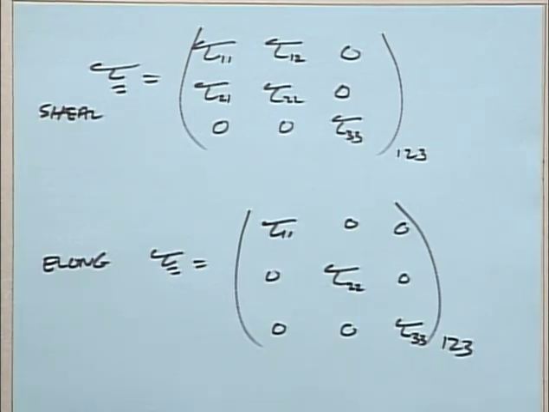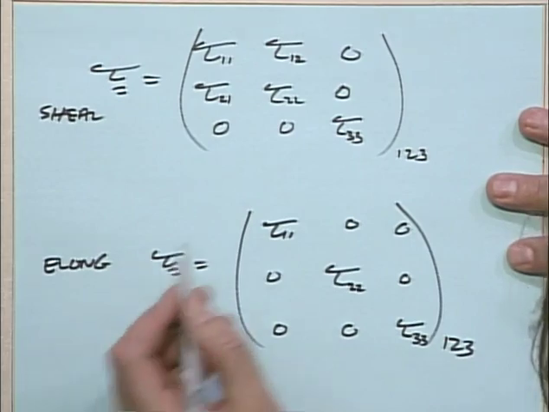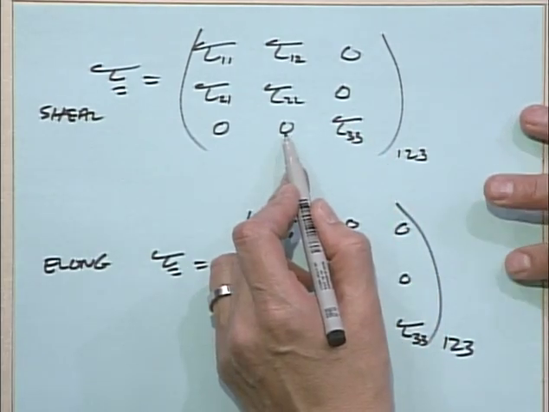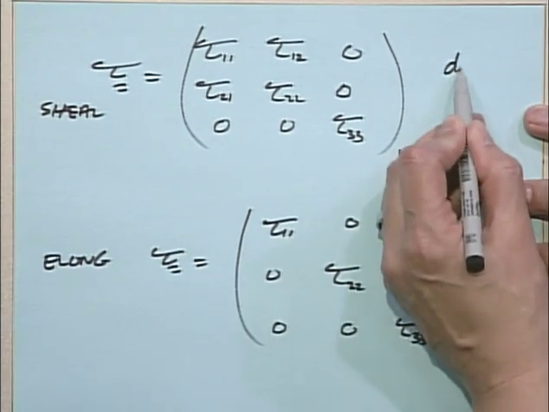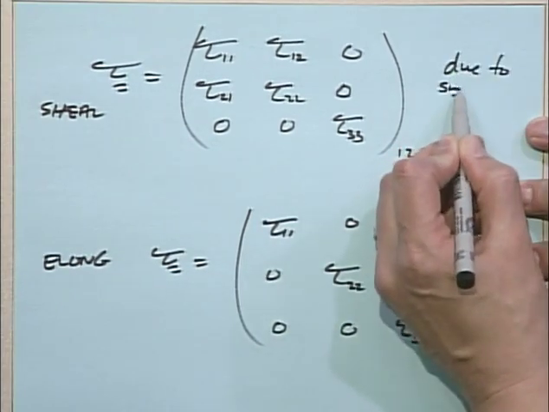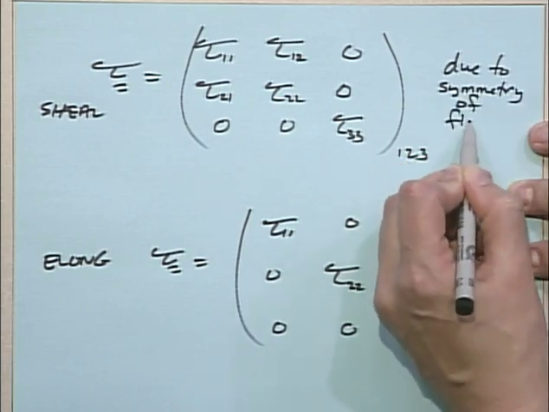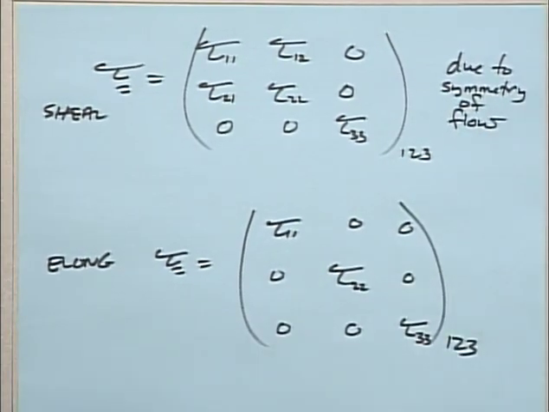And the answer then to problem 1 is, tau32 is 0 because of the symmetry of the flow. It was our ability to conclude these simplifying features of the stress tensor that allowed us to define all these material functions in the first place.